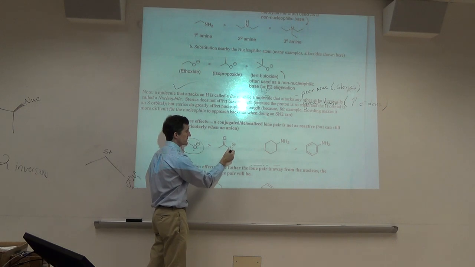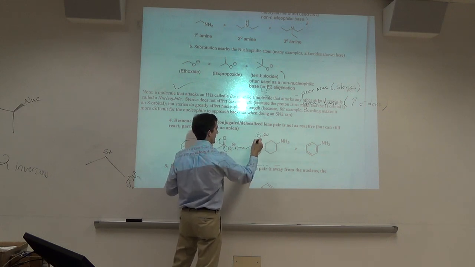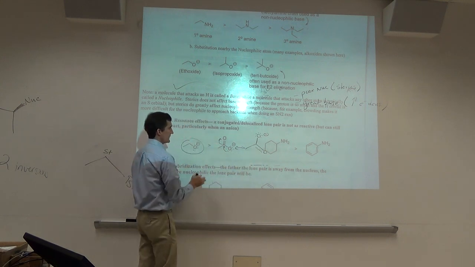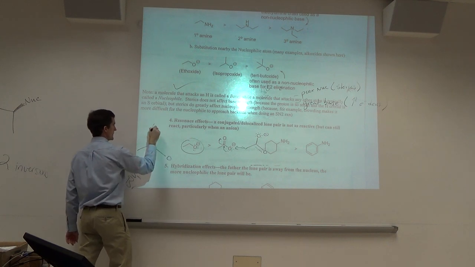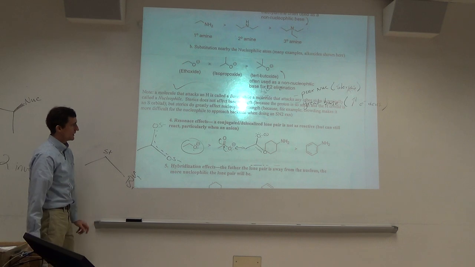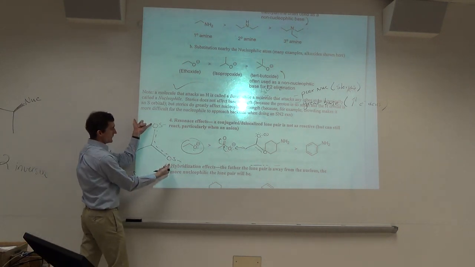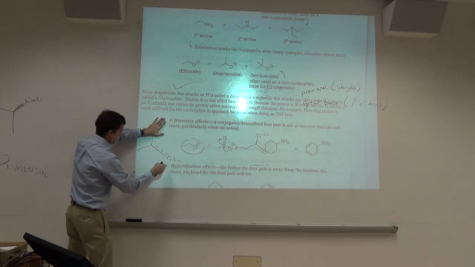No. This one has a resonance structure that looks like that. What's the true structure of this species? Partial minus, partial minus. Which is going to be more willing to attack here? Take your choice, but it's not a full minus. A full minus or a partial minus?